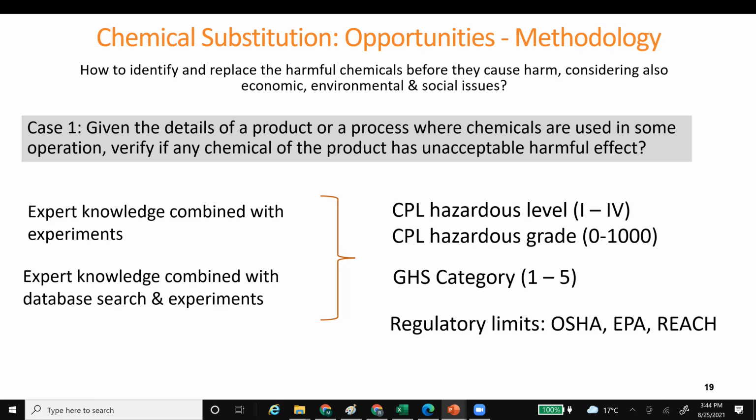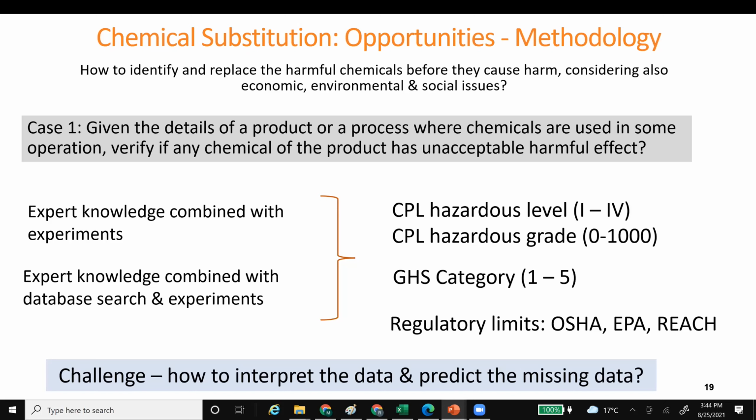At the same time, we need to find out what are the properties that define the product or the process, and whether they work, and whether any alternative is providing better the target functional properties, not just the hazardous properties.